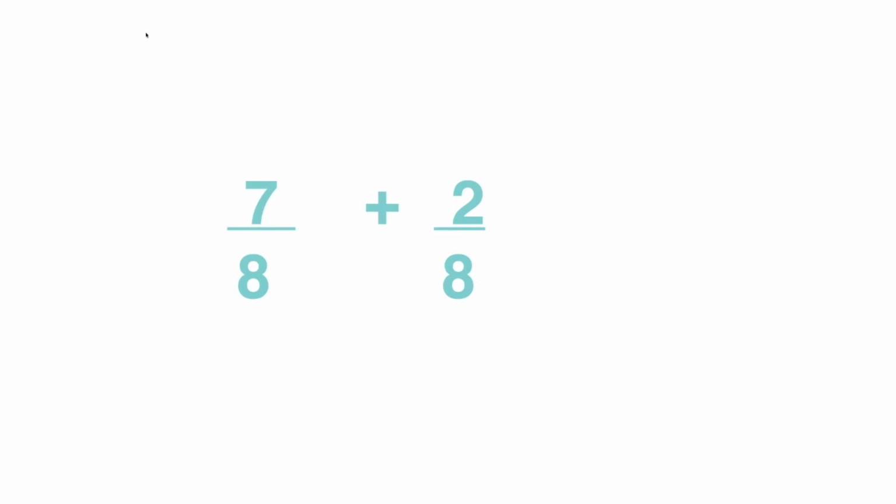With fractions, it is so hard for kids to understand that this problem is not equal to 9/16. 7/8 plus 2/8 does not equal 9/16. And you can tell them till you're blue in the face that you only add the numerators, the denominator stays the same.